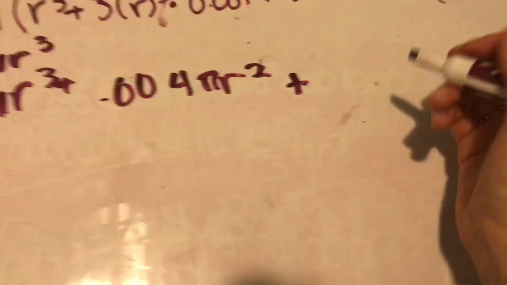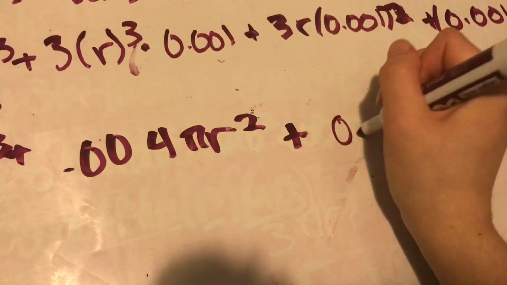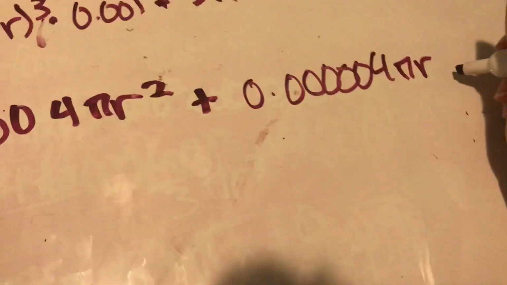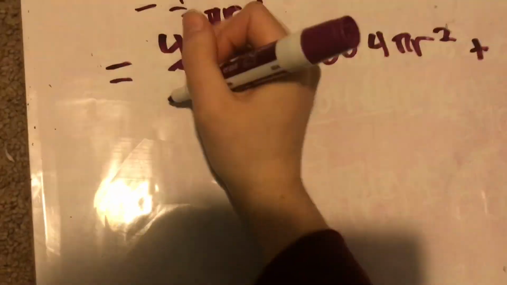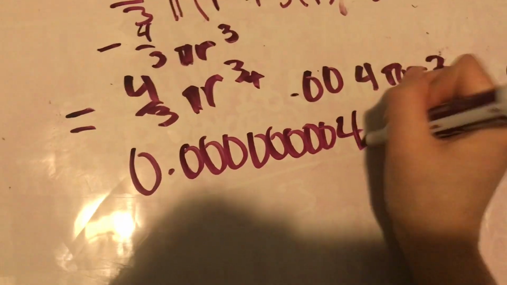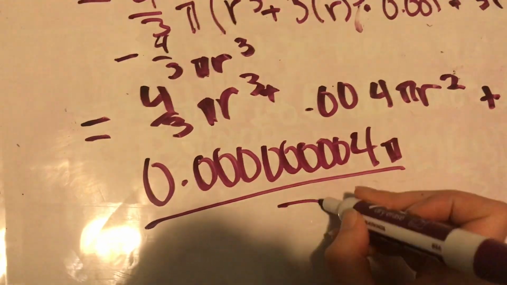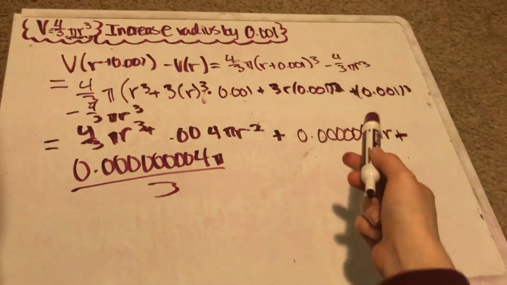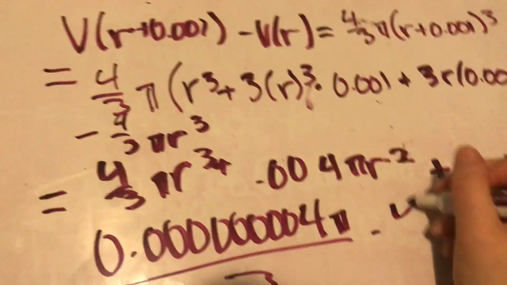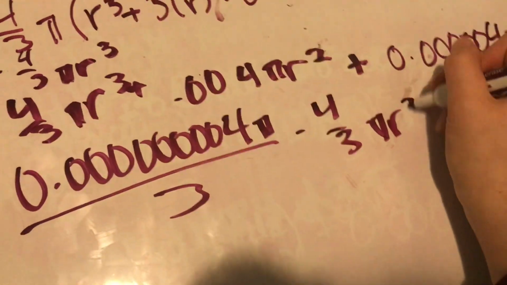So it's going to be 0.12345 zeros and then 4 pi r plus, I'm going to move all the way down over here because there's not enough room for 8 zeros after the decimal point. So 0.123456784 4 pi, all divided by 3 because that one did not have to have a 3 in front of it. So we do actually have to divide it by 3. And that's all minus 4/3 pi r cubed.